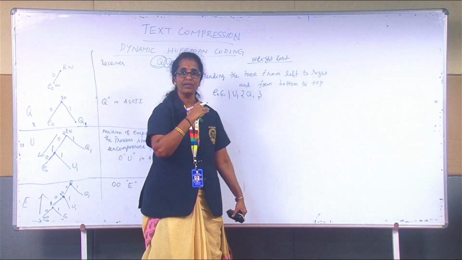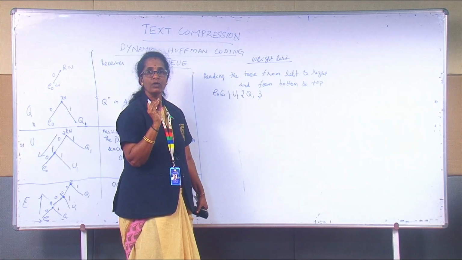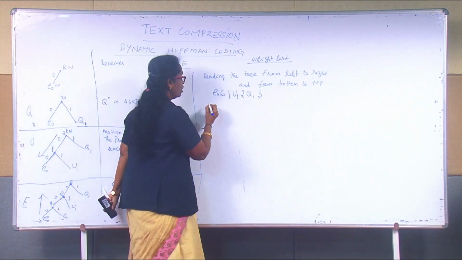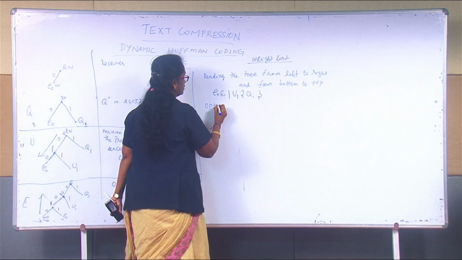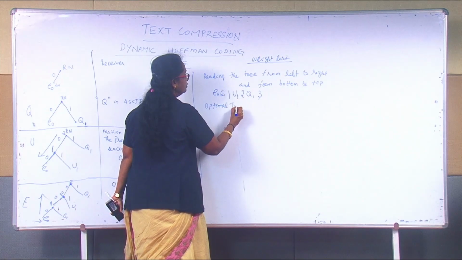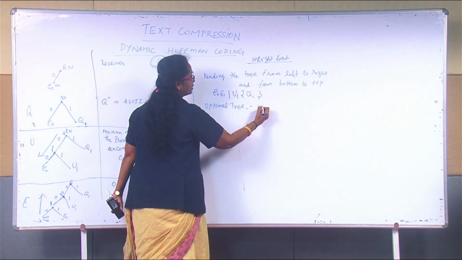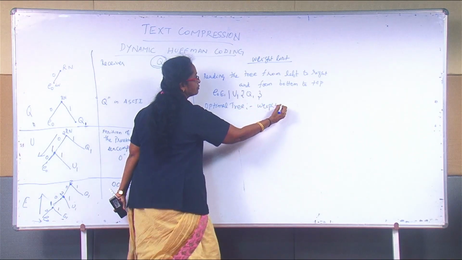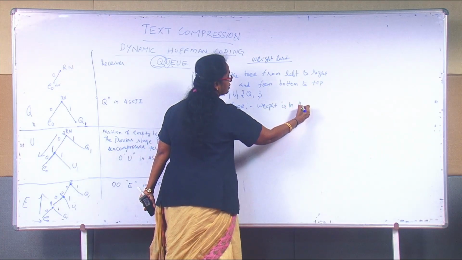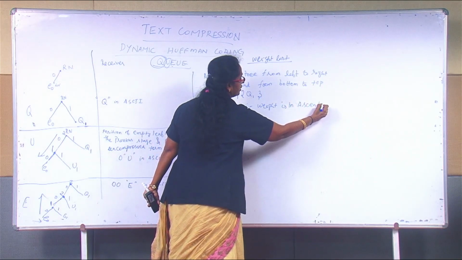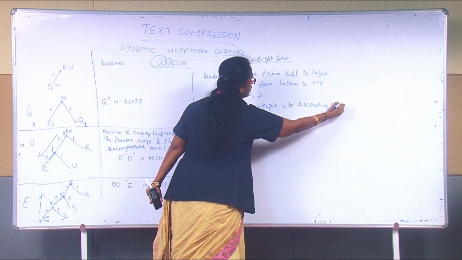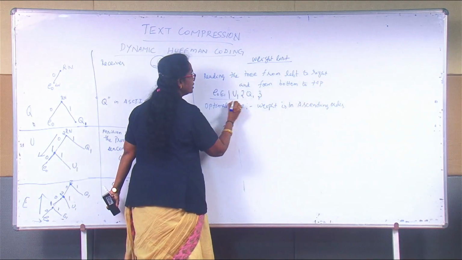Now, observe the weight list. It has to follow an ascending order, that is an optimal tree. In an optimal tree, the weight list is in ascending order. Is it in ascending order?